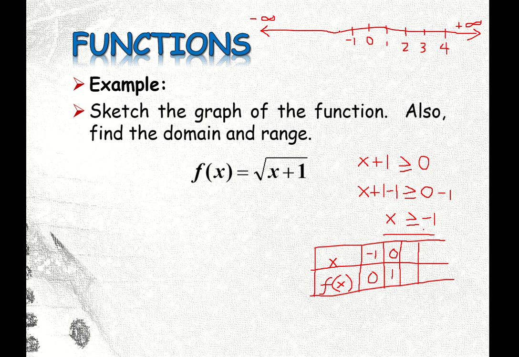We cannot try values on the left side of negative 1. For example, if you try minus 2, then minus 2 plus 1 is negative 1, and the square root of negative 1 is not valid. The condition is that p sub x, meaning the radicand, must be greater than or equal to 0. So you cannot use this value. You just assume values covered by this set for x.